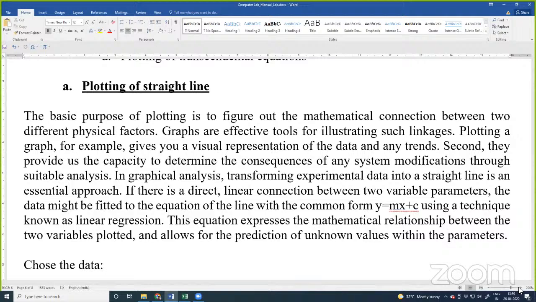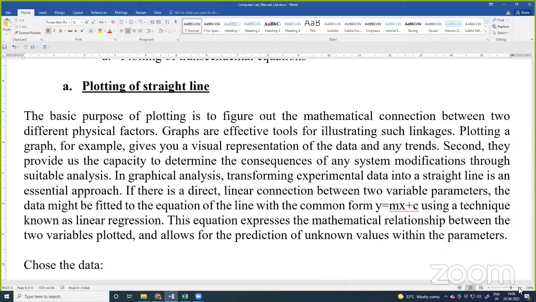Graphs are effective tools, what we are plotting so far and what we are going to utilize, for illustrating such linkages, that is the linkage between a physical phenomenon which is happening and the phenomenon which is under control. These mathematical equations, mathematical representations, mathematical tools for example are the best ones that can signify the results, the predictions, and the knowing of the links between the phenomena which are happening.